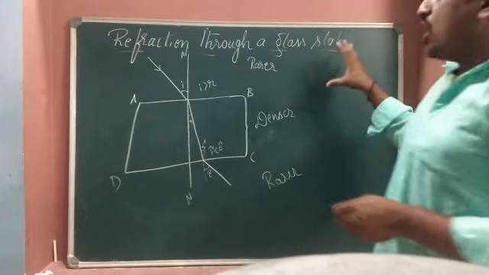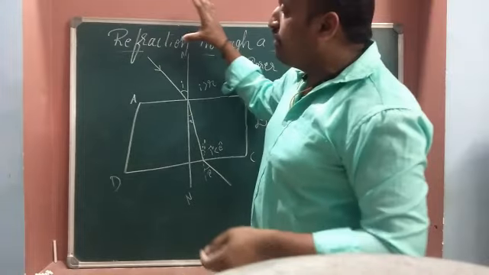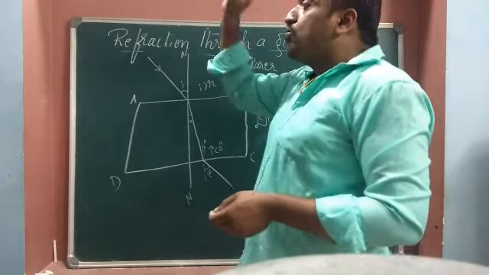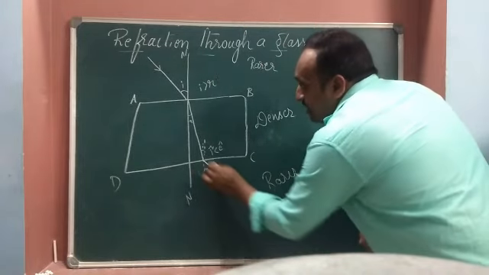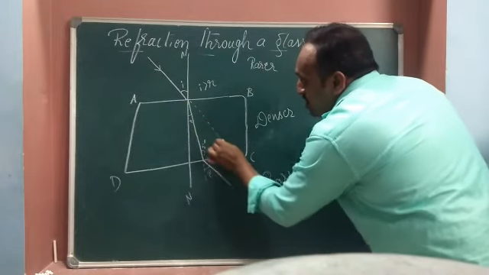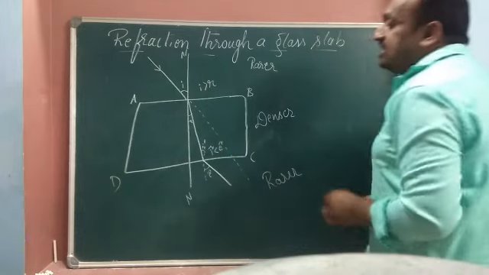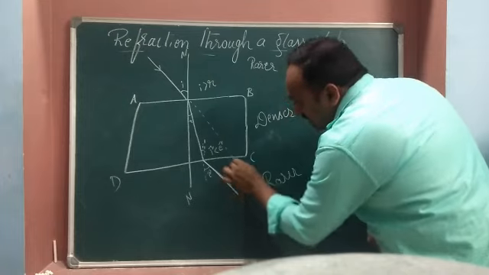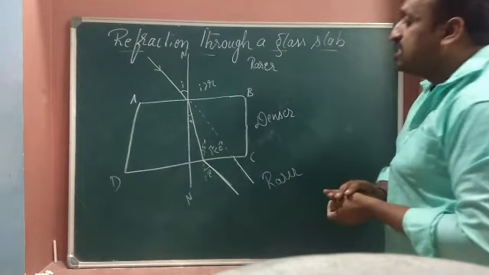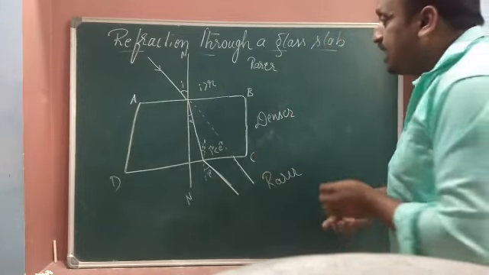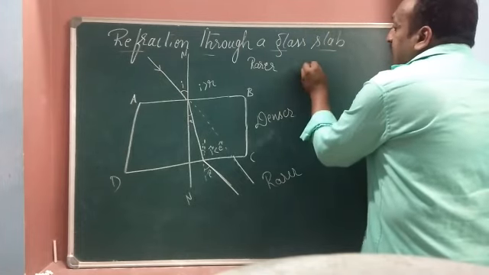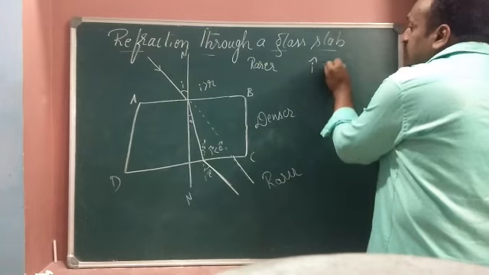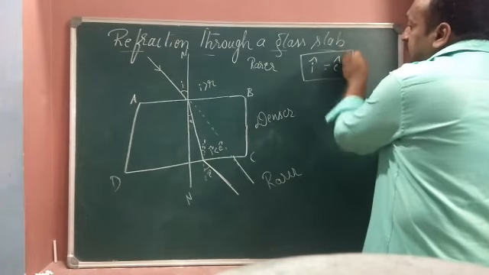So this is how the refraction of light takes place through the glass slab. On one condition, the emergent ray will be parallel to the incident ray. Very important. So the emergent ray and the incident ray both will be parallel. So the angle of incidence will be equal to the angle of emergence.